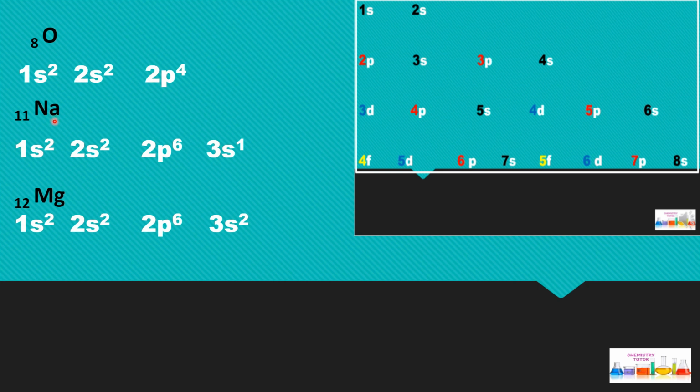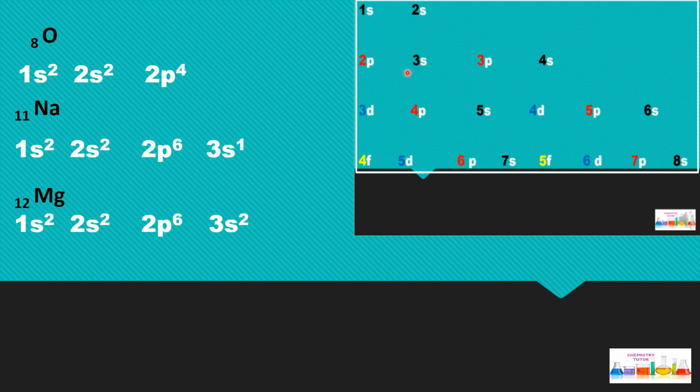If we take sodium, which has atomic number 11, again we will take 1s, because in s 2 electrons can come, so we will take 1s2, we will move to 2s, 2s2 and then 2p. Here 2p will take 6 because the total number of electrons is 11. So 1s2, 2s2, 2p6, total 10. 1 electron is left.